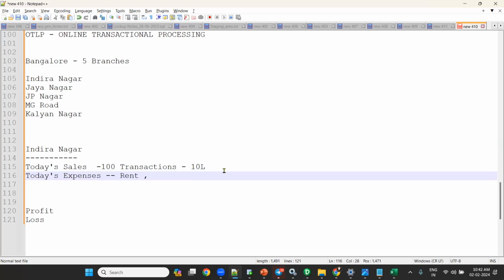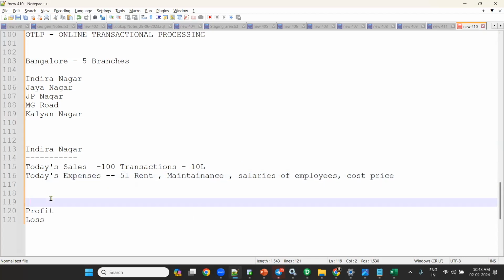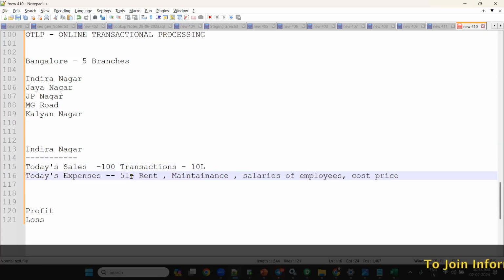Rent of the building, maintenance of the building, salaries of the employees, cost price of the goods. All these come under expenses. Suppose today's expenses are 5 lakhs. Sales is 10 lakhs and expenses is 5 lakhs.